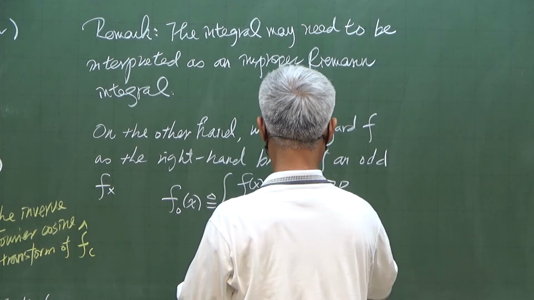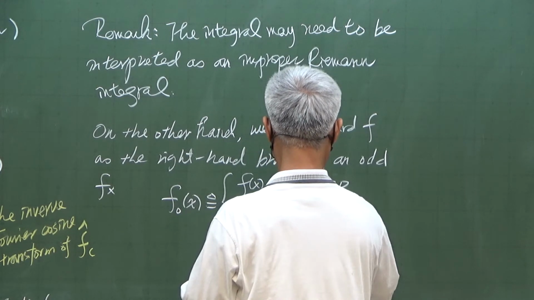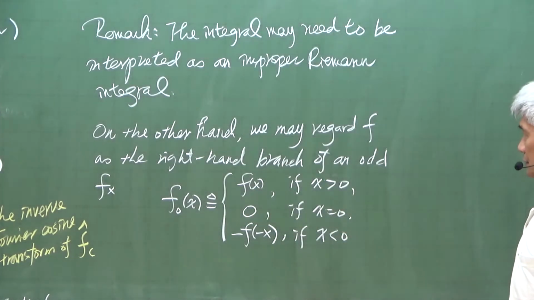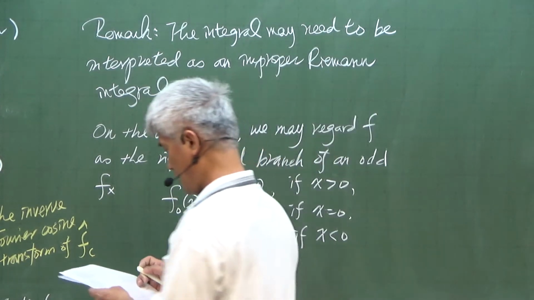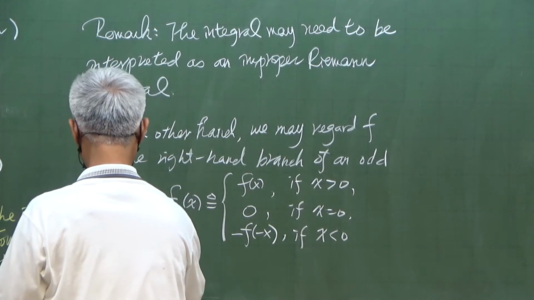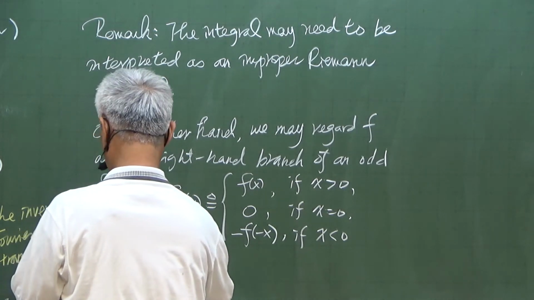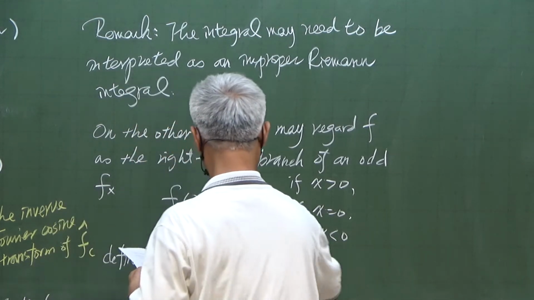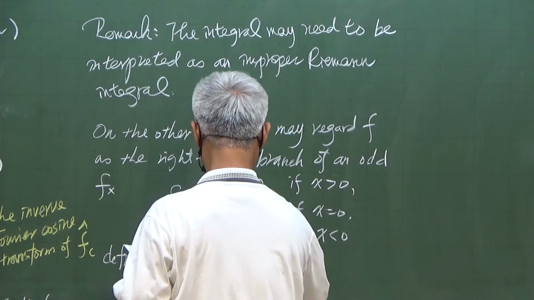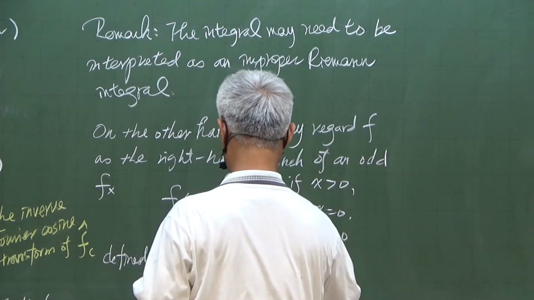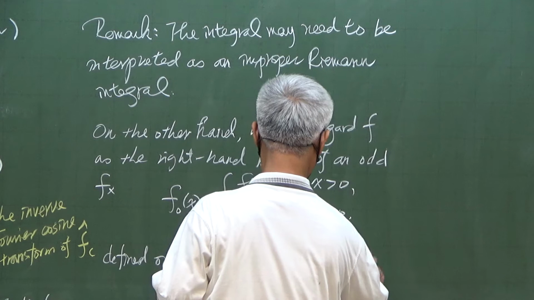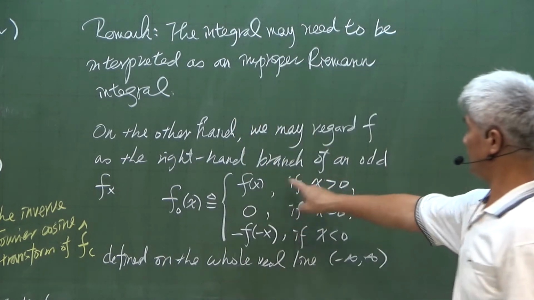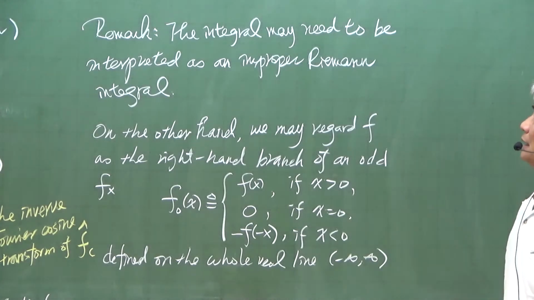So we define an odd function on the whole real line.